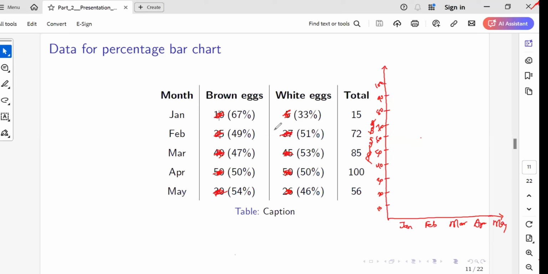Okay. So for the first month of January, brown X is giving me 67%. That's somewhere here. So I'm going to trace it down. And then I have this.